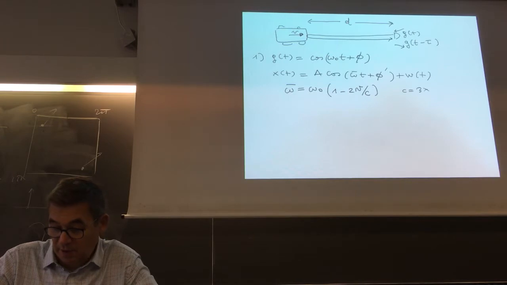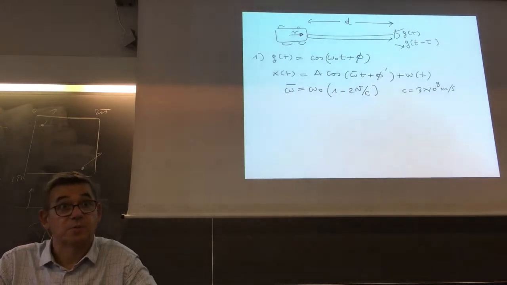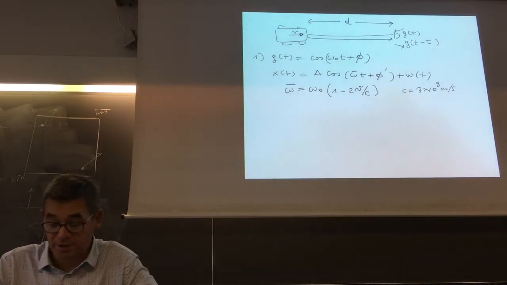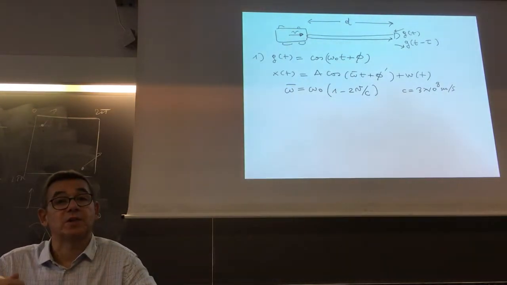This is 3 times 10 to the power 8 meters per second. This is the propagation speed of electromagnetic waves. And v is the speed of the vehicle.